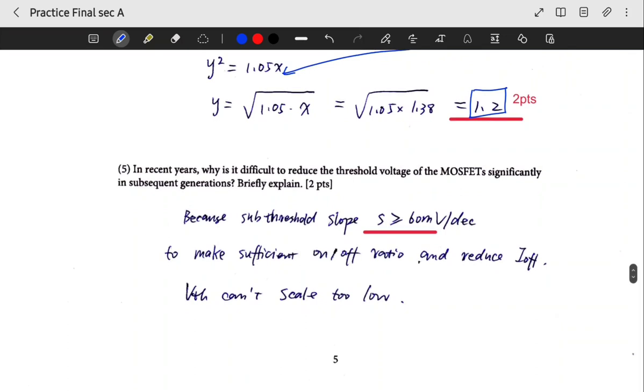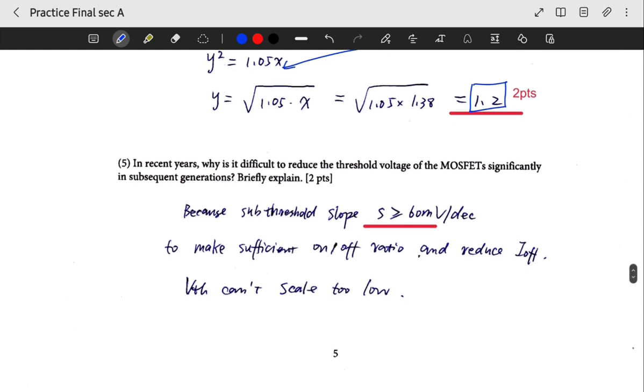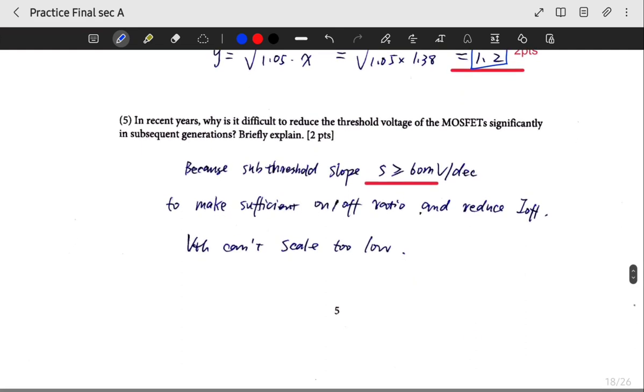If we decrease the threshold voltage aggressively, we will not have a subthreshold slope greater than or equal to 60 millivolt per decade. So you can just say the subthreshold slope should be greater than or equal to 60 millivolt per decade to make a sufficient on-off ratio.